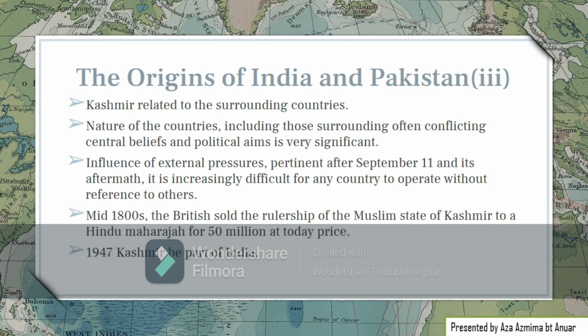Kashmir's Prime Minister preferred India's secular socialism to the Muslim ideology of Pakistan.